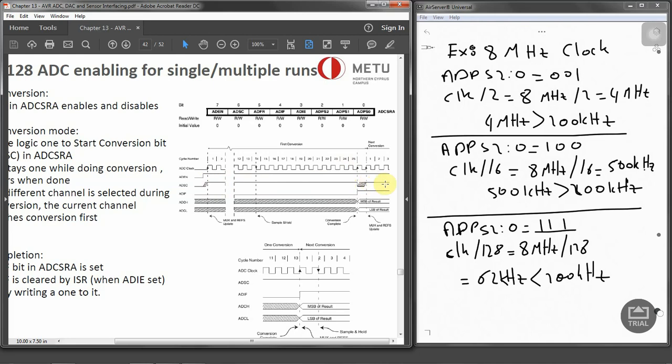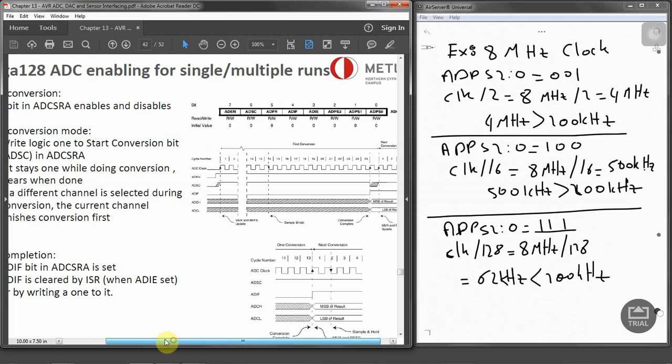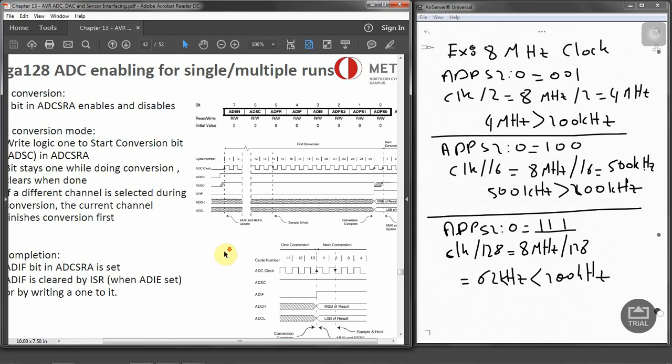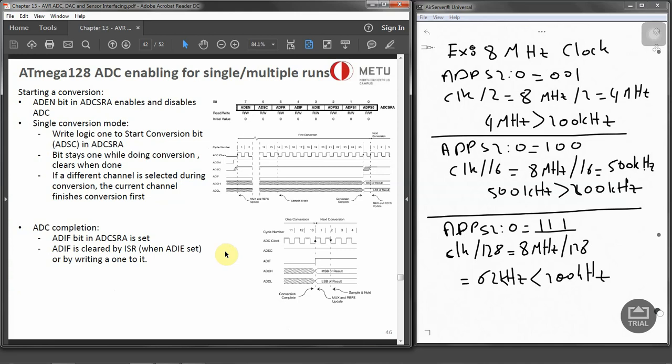And also, if you want to change the channel but it's performing a conversion at that time, it has to wait to finish the conversion first, then it will change the channel. Or if you want to change the reference voltage, it has to finish the conversion first. So how do we do the ADC completion? Generally, we have 2 methods.